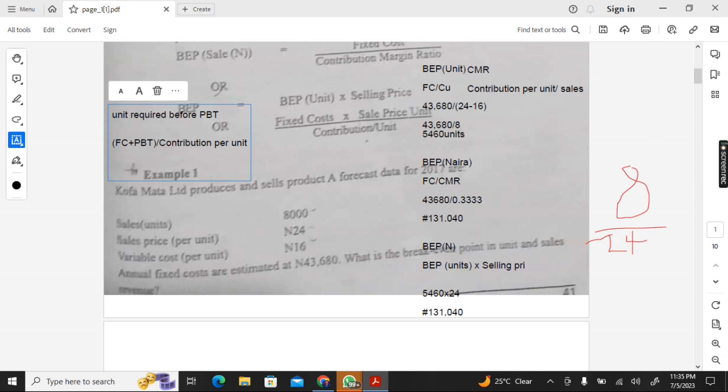So the formula will change, because here we want to know how many units we can produce to determine our profit after tax, and that is what our units required is.